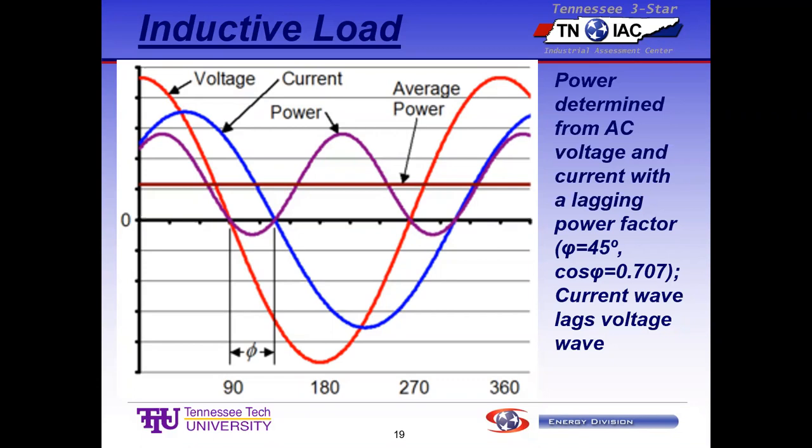Now, we'll see in just a second, I can correct this by adding capacitance to the system. And if I overcorrect, I can actually have a leading power factor, because the capacitance will retard the voltage wave. I can push the voltage wave further out in time from the current wave, and then I have a leading power factor.